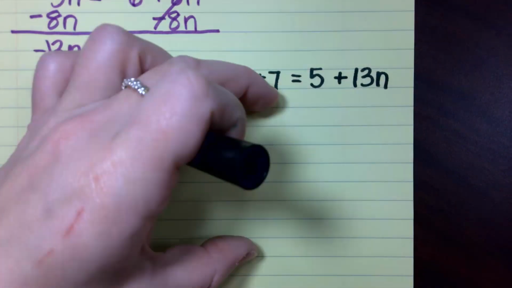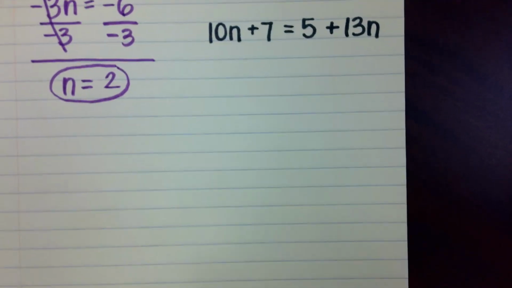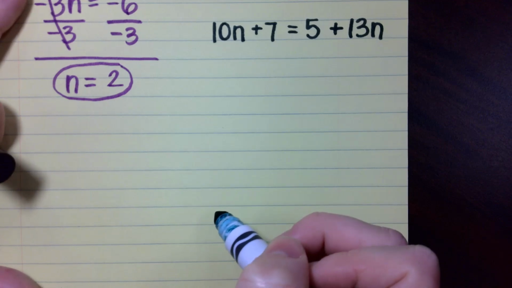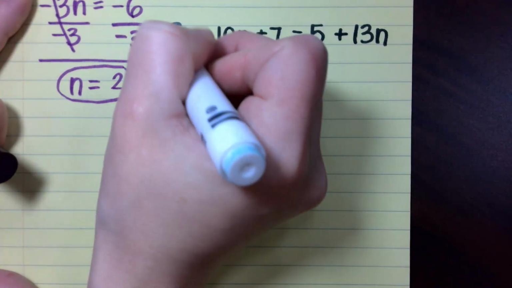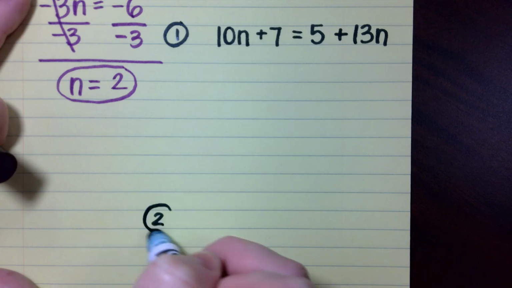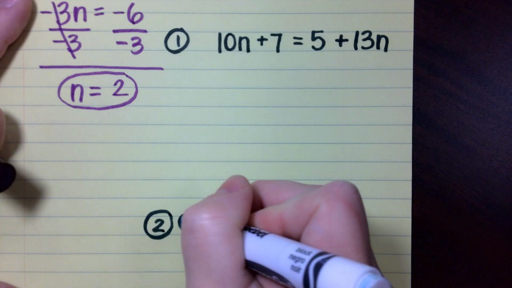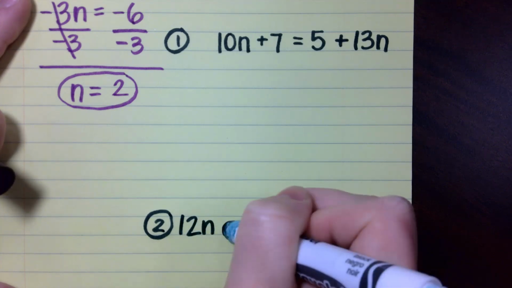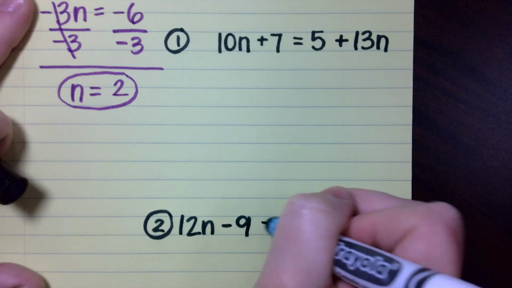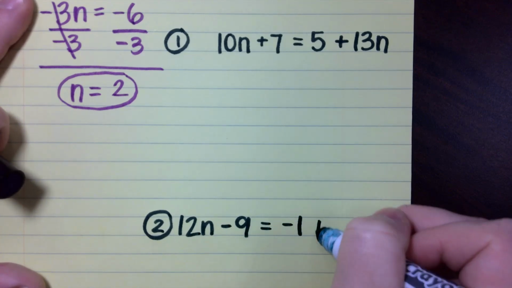And I'm gonna write one more. Let's do the other one right here. How about 12n minus 9 equals -1 plus 15n.